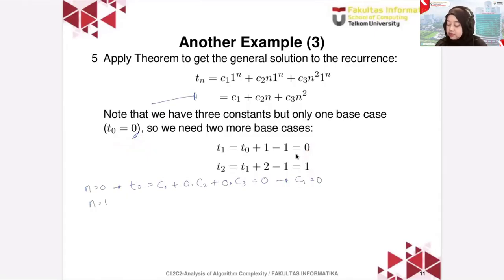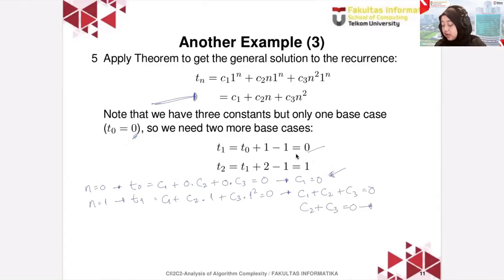And when n equals 1, you will have T1 equal to C1 plus C2 times 1 plus C3 times 1 squared, and it must be equal to 0. So you will have C1 plus C2 plus C3 equals 0. And because we already know that C1 is equal to 0, we will have C2 plus C3 equals 0, or we can say that C3 is equal to minus C2.